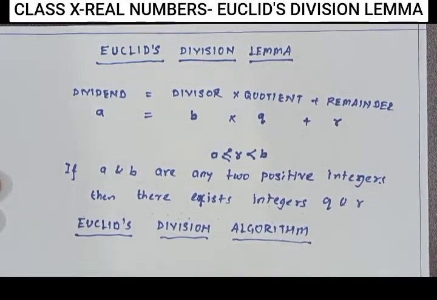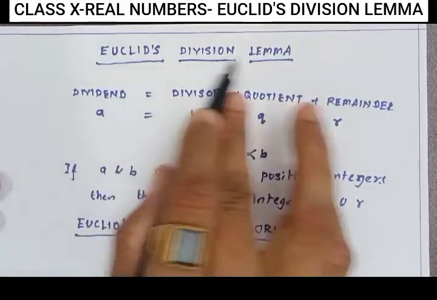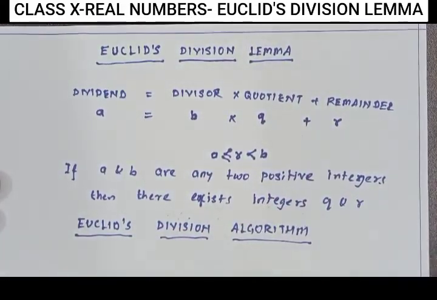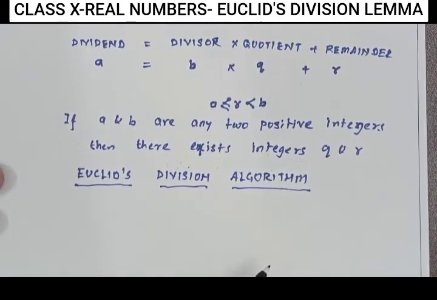When we repeat a particular step to reach the solution for any problem, that is called an algorithm. So why are we calling it Euclid's division algorithm? Because we are going to use this lemma, a equals b into q plus r, again and again till we reach our solution.